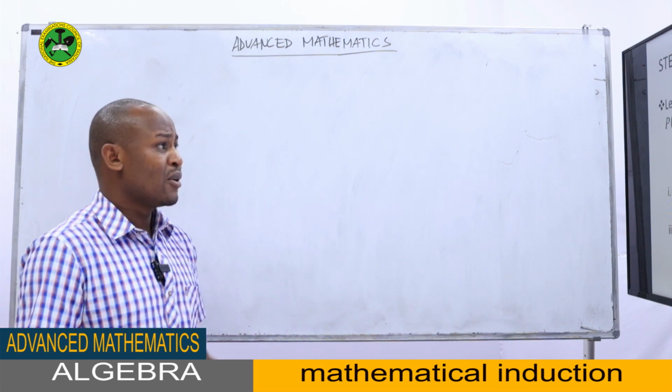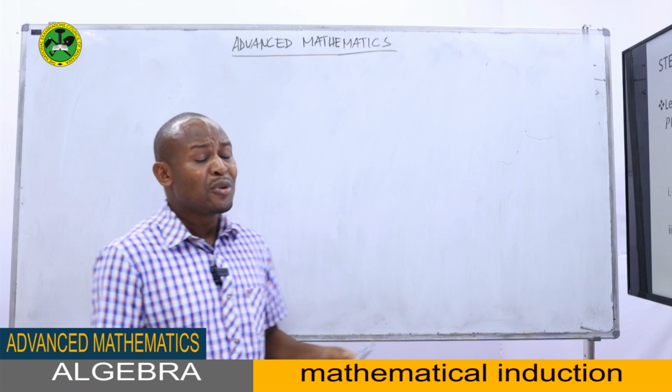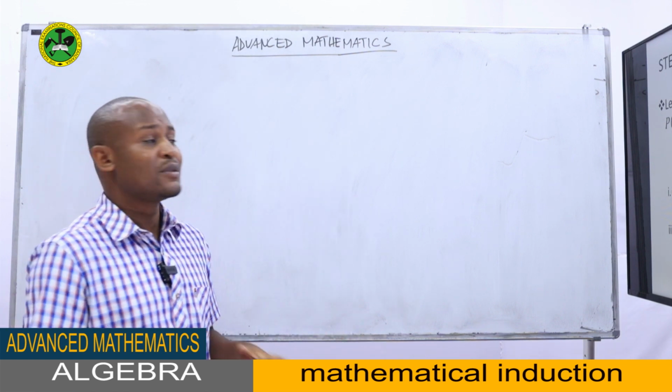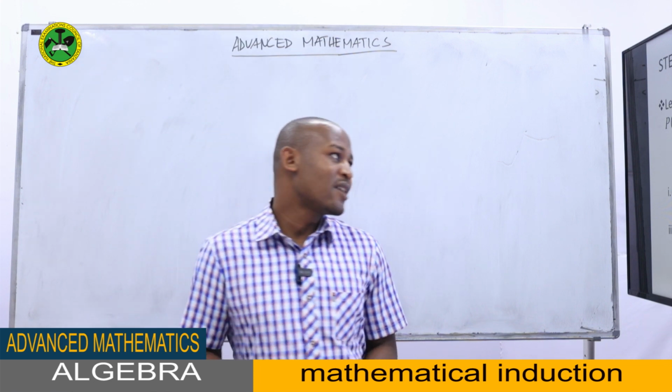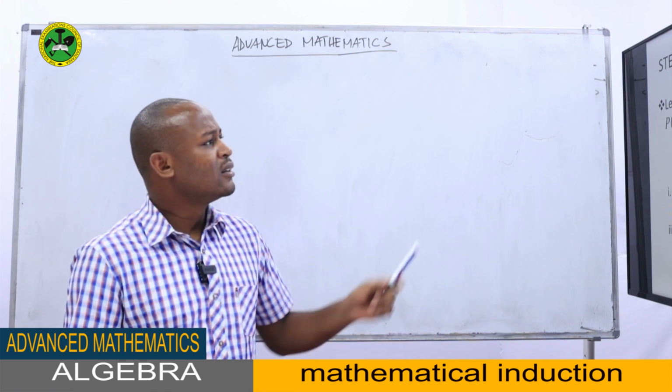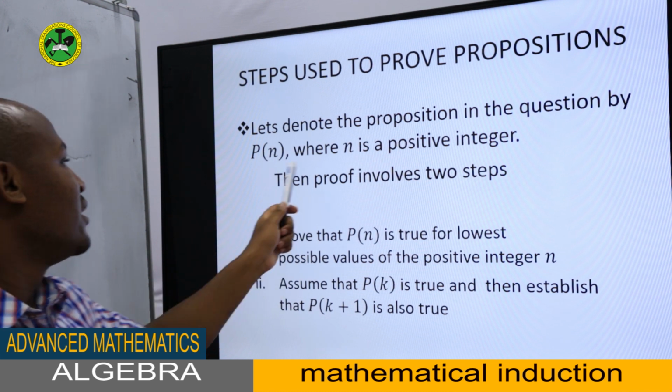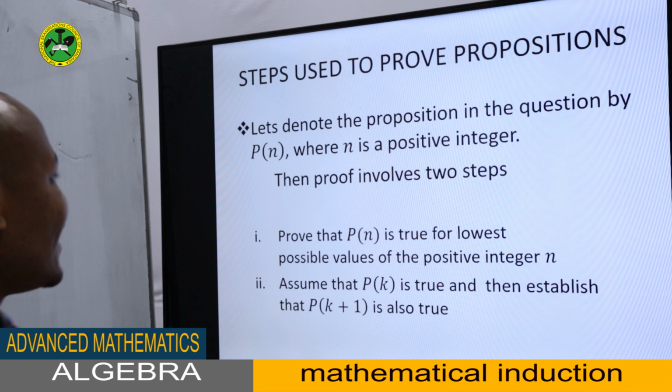Now let's see, what are those steps and how can we prove those propositions? Let's see some few steps, and then we shall go to some few examples, my dear students. The steps that we'll be using in proving these will be as follows. First of all, we shall let our proposition be P(n), where n is a positive integer.